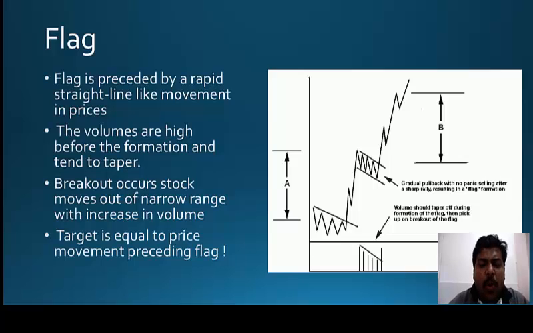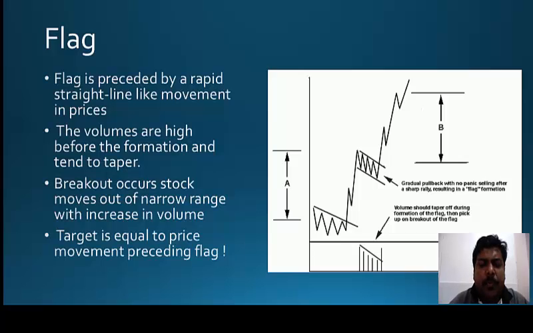The reason why this sort of formation in the chart is called a flag is because it appears like a flag due to the fact that the flagpole is typically a straight line, after which the consolidation happens, and then there is a breakout.